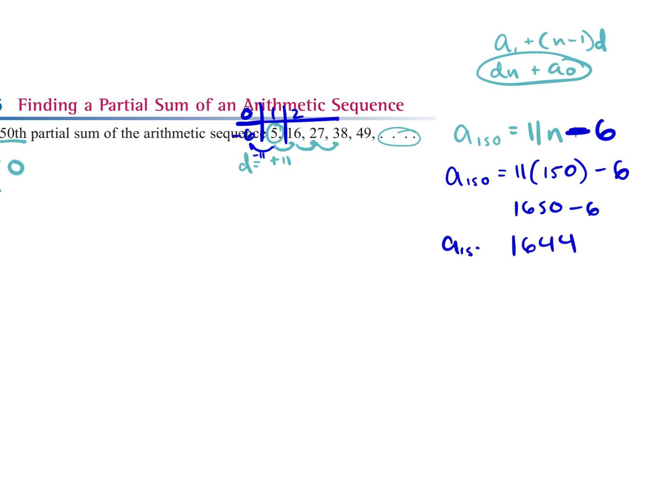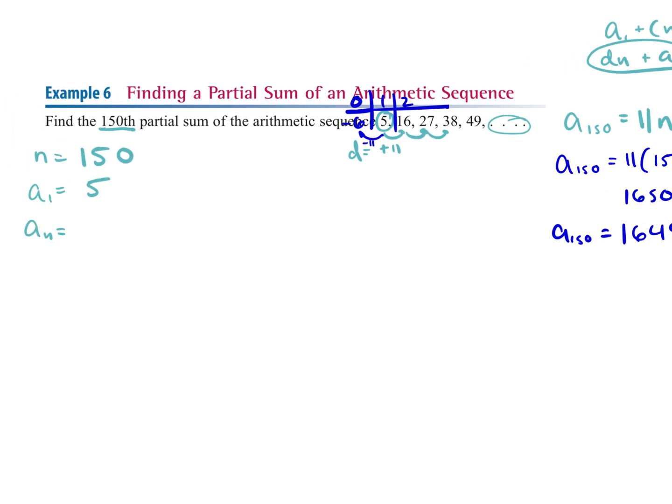This is our 150th term. Why did I find this? What did we need it for? What is this? The last term. We needed it for our sum formula because it's asking us for the sum, but we needed to know the last term in order to plug it into the sum. So our last term was 1,644. That was our 150th term.